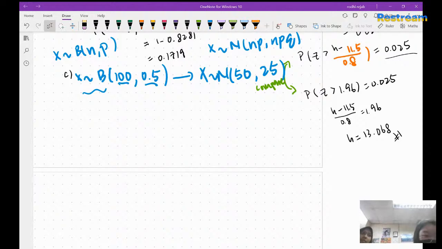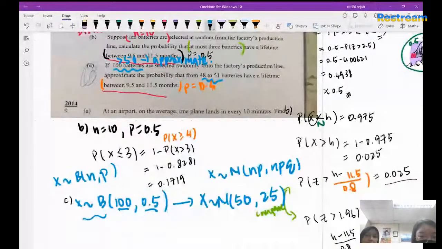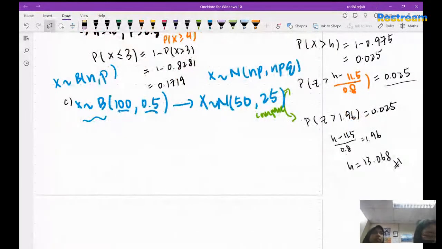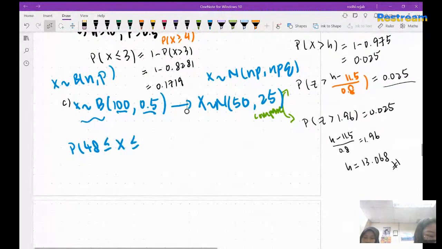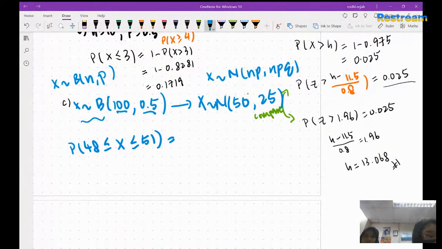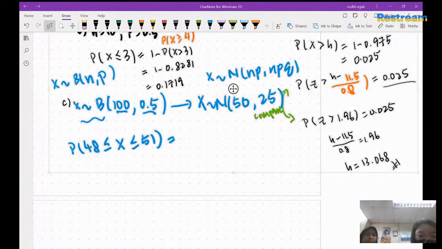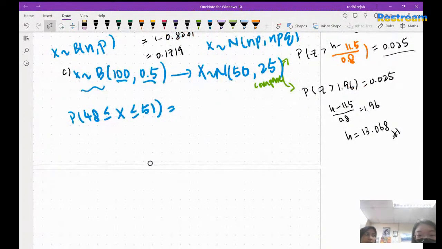Lepas tu dia nak probability from 48 to 51. So P(48 ≤ X ≤ 51) equals to, okay, tapi sebab sini adalah approximation, kita nak buat continuity dulu. Okay, so apa tu continuity? Continuity tu maksud tadi Wani ada explain dah kan? So kena explain lagi ke?